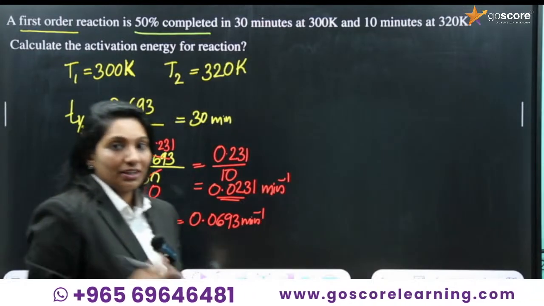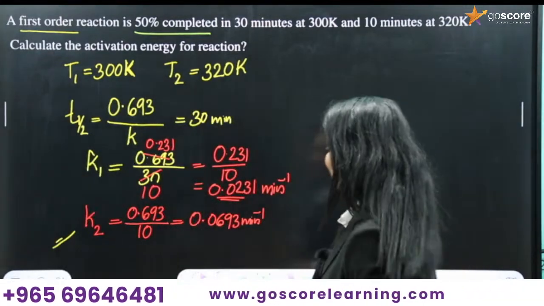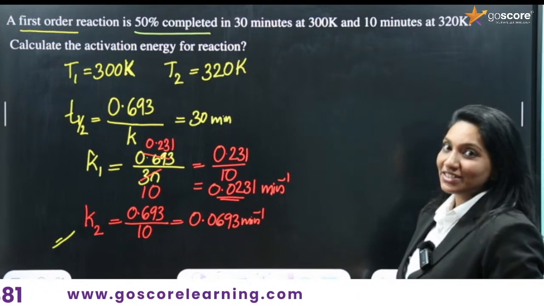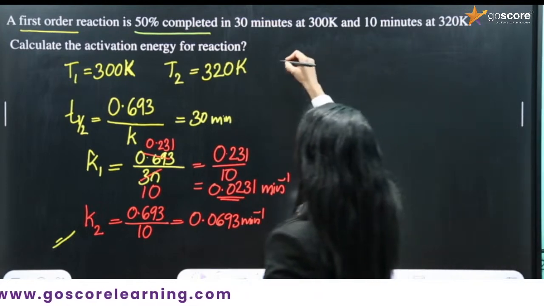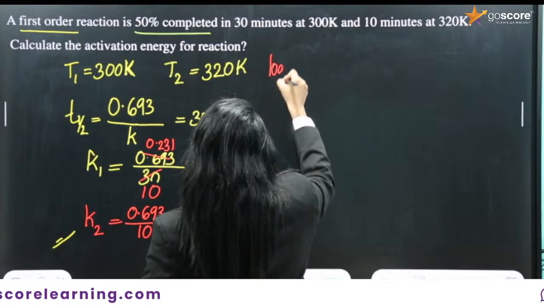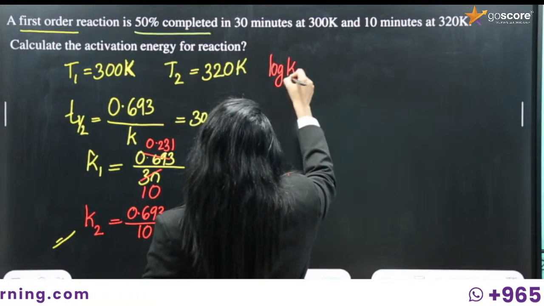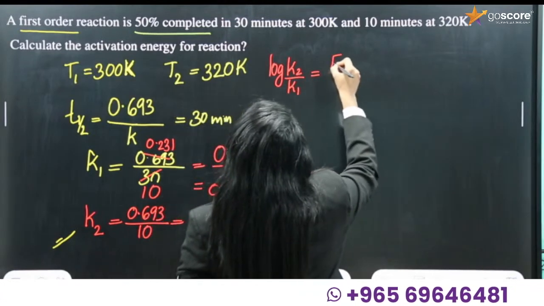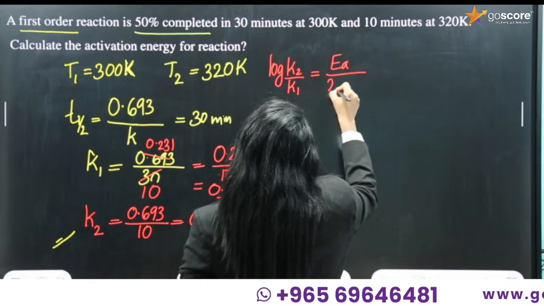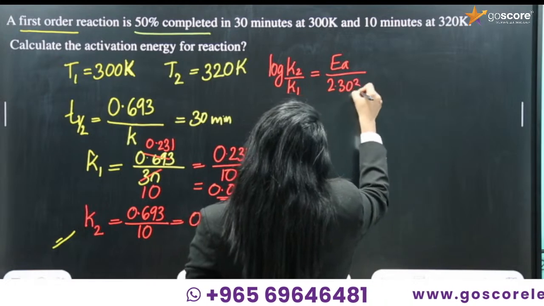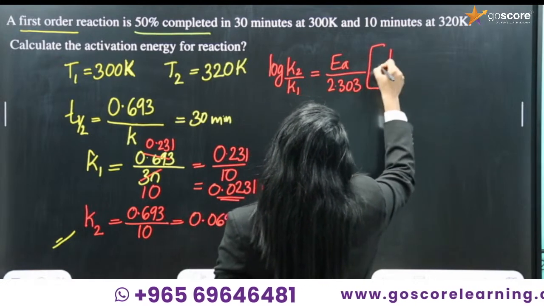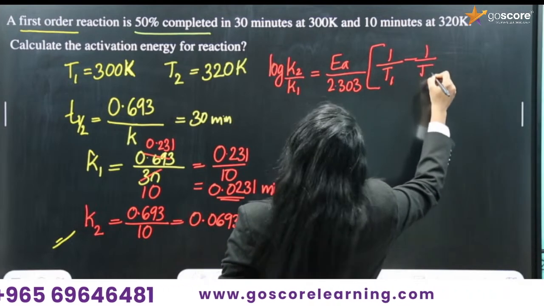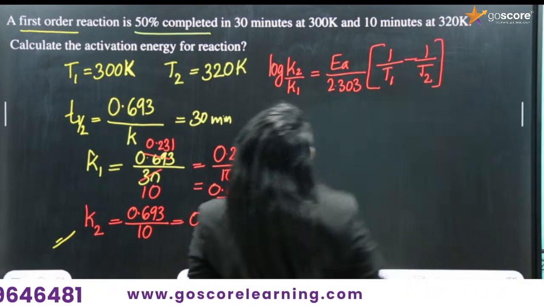You can easily find the activation energy using which equation? That is log K2 by K1 is equal to EA by 2.303 into (1 by T1 minus 1 by T2), right?